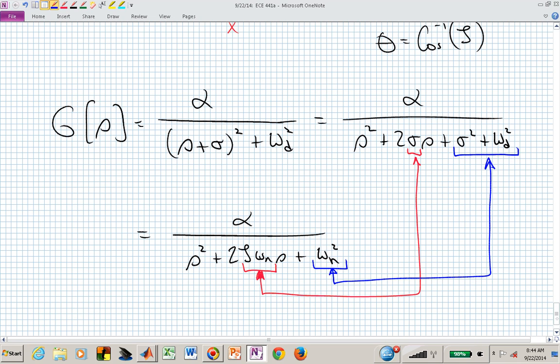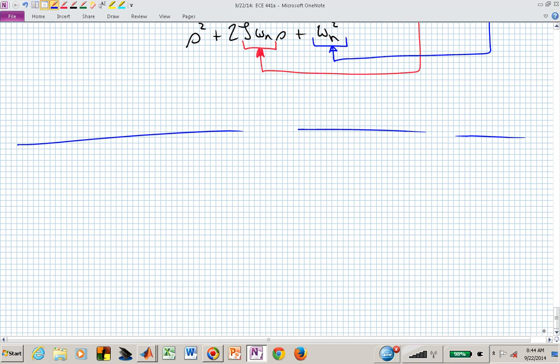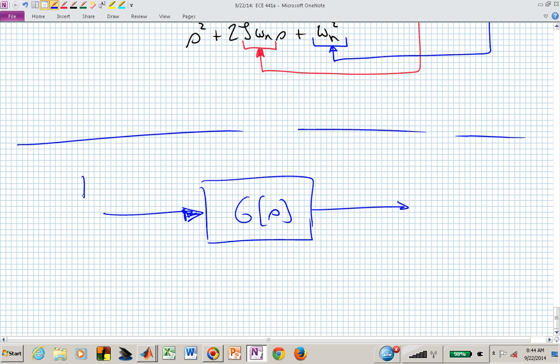What we're wanting to do then is identify that system by exciting it with a step. Here is our block diagram. We have our system, G of s, with some applied input producing an output.